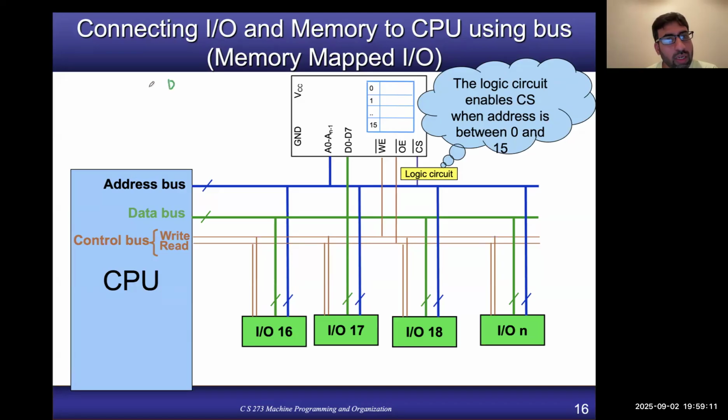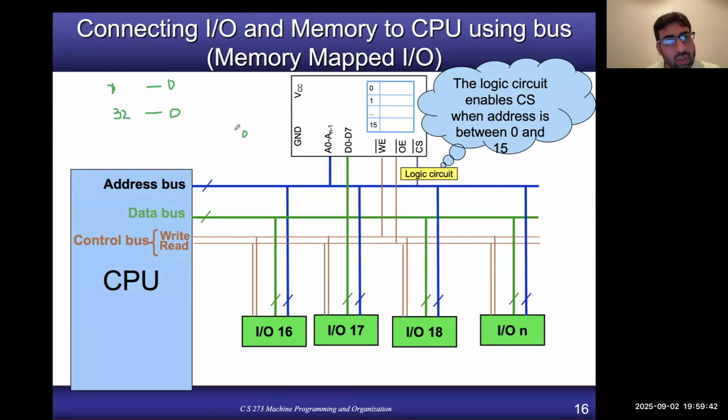And let's say the CPU can generate addresses in the range of, let me keep it simple, 0 to 32, right? So in this range we have addresses.